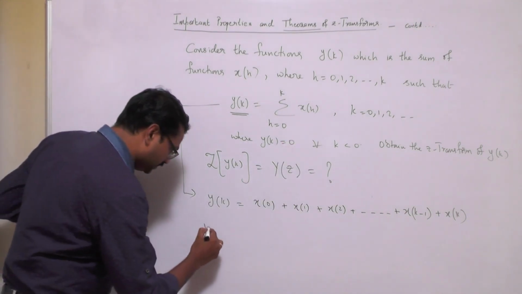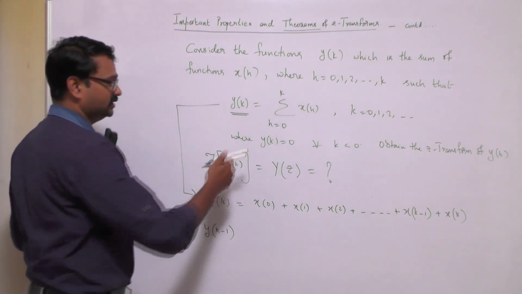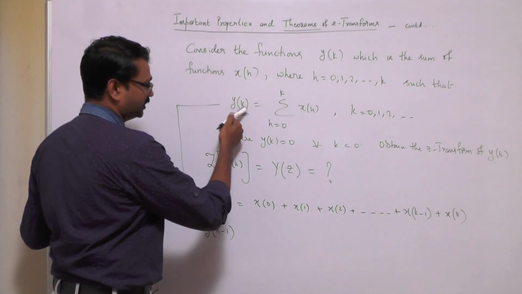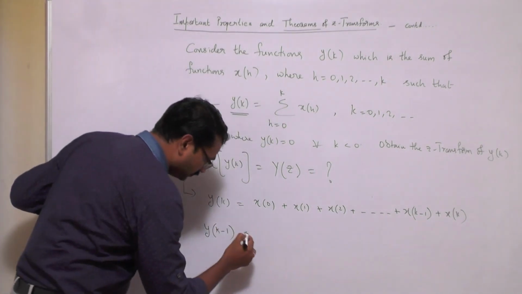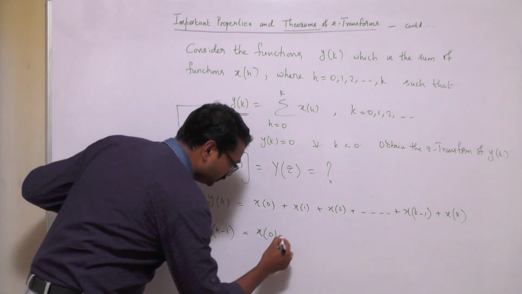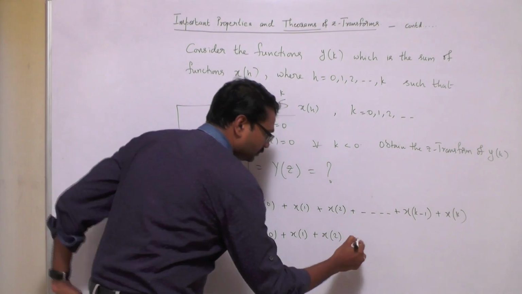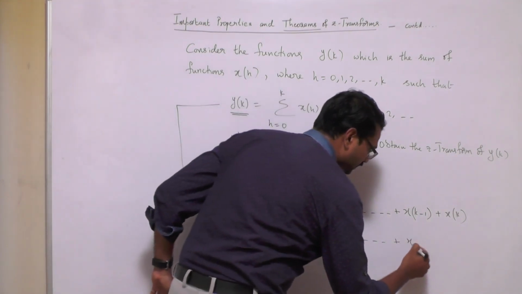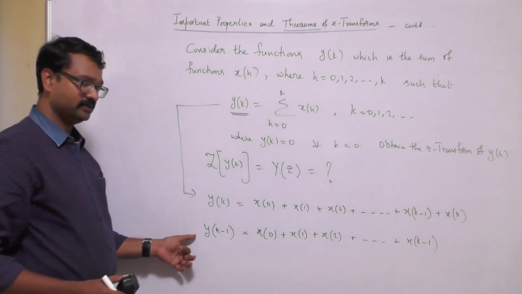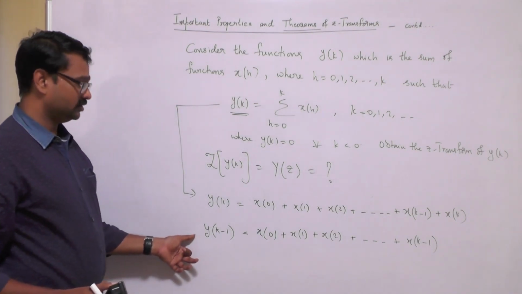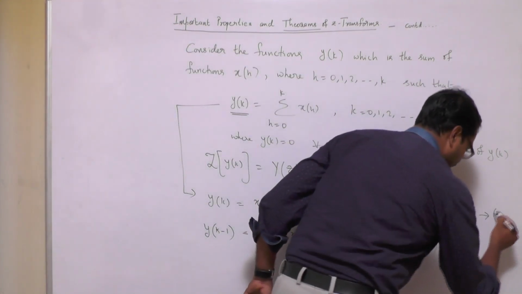For example, if we consider y of k minus 1, and h is ranging from 0 to k, when k is k minus 1, h will be ranging from 0 to k minus 1. Therefore, I have x of 0 plus x of 1 plus x of 2 plus so on plus x of k minus 1. Now I have these two equations at my behest.